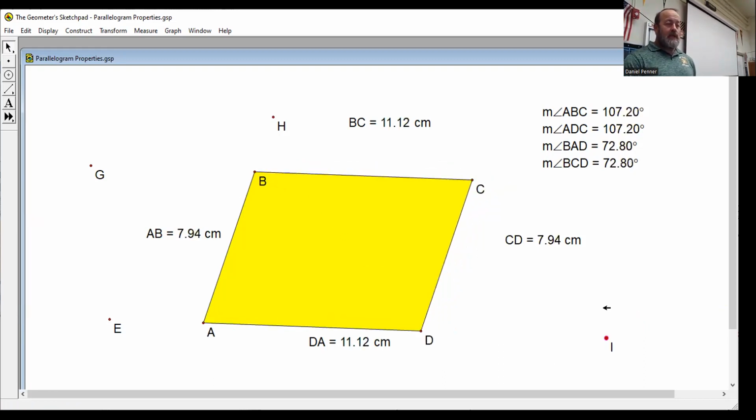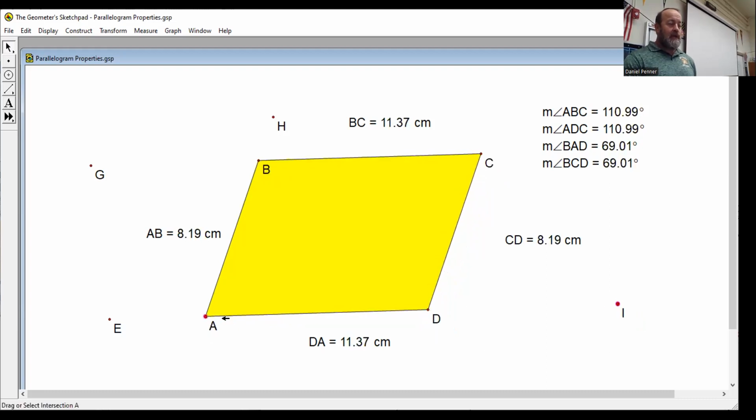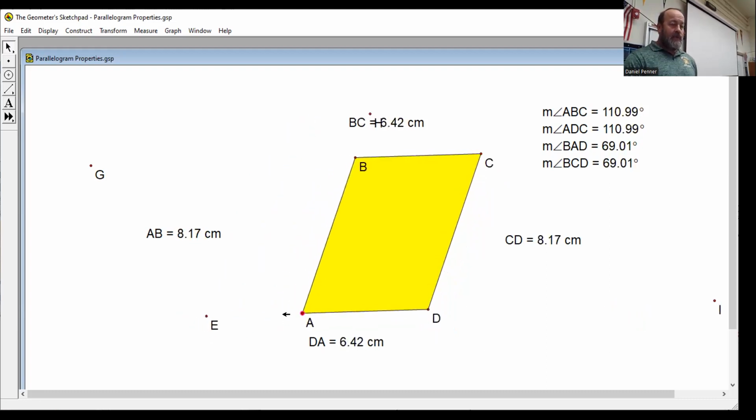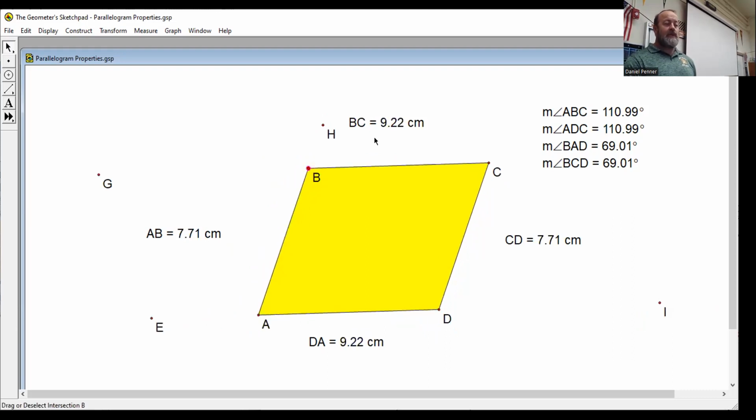And I can pull on this and create all sorts of differing shapes. I can make it different, but no matter what I do, I cannot break the fact that these opposite sides are the same and the opposite angles are the same. And there's one other thing that is hidden. I asked it to find the sum of angles A plus B plus C plus D, and I hid that down here.